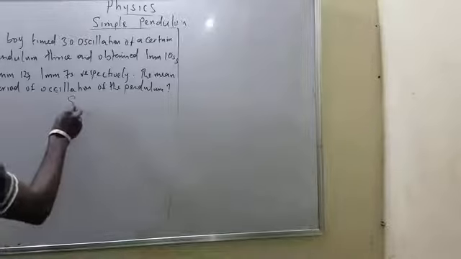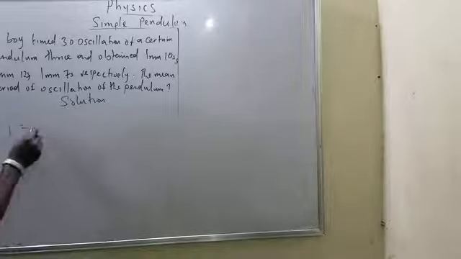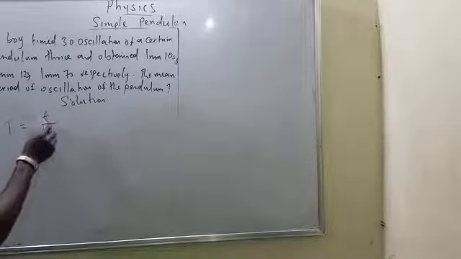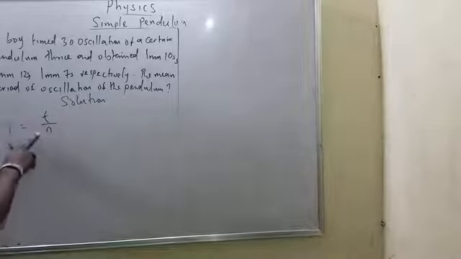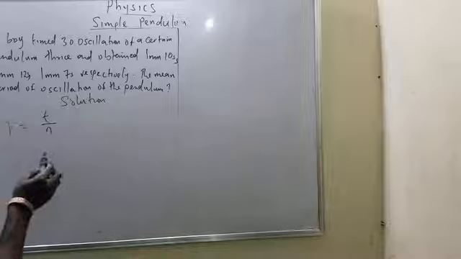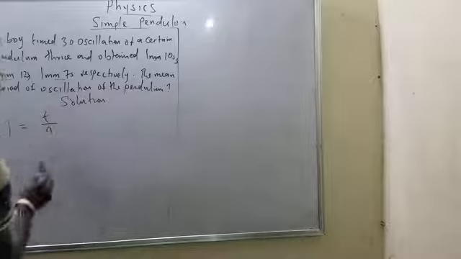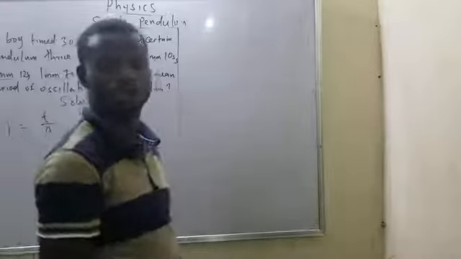Now, when I have something like this, the solution to this problem is very simple; you have to understand what the question is all about. I need to convert time. The period is always equal to time of oscillation over number of oscillations. I have three times, so I will have period 1, period 2, period 3.